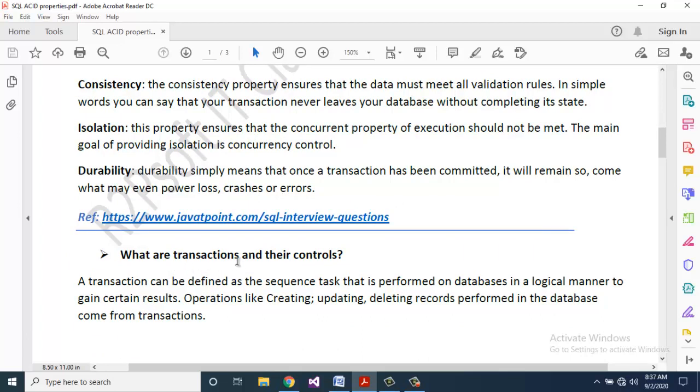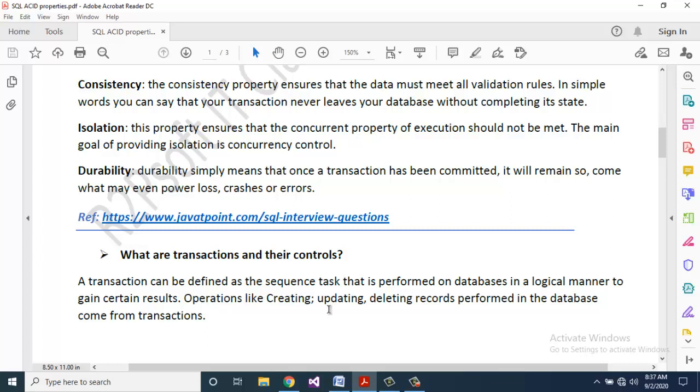What are transactions and their controls? A transaction can be defined as the sequence of tasks that is performed on database in a logical manner to gain certain results.